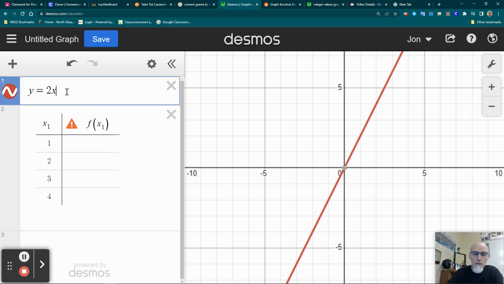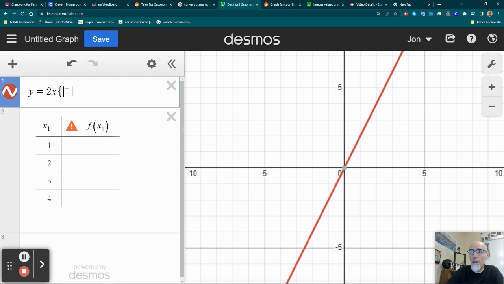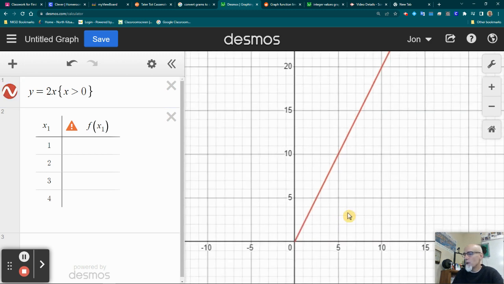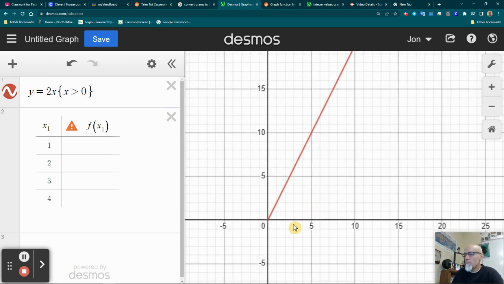One way I could limit this is to put some curly brackets, and this starts looking like set notation. But instead of putting X and then a vertical bar, like in set notation, in Desmos you just go X greater than. So if I go X greater than 0, it restricts my line. So this is a little bit better. My function now is starting at 0. That's definitely better, right?